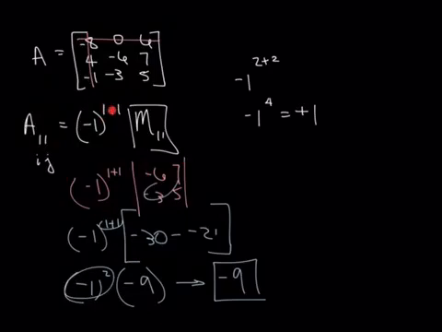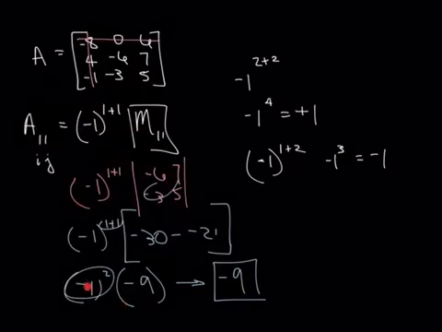Whenever these two numbers are added up and give you an odd number, this negative 1 is going to be negative. So if this were negative 1 to the 1 plus 2, that would be negative 1 to the 3rd power, which is negative 1. So all this does is determine whether or not our minor is going to change its sign or not.